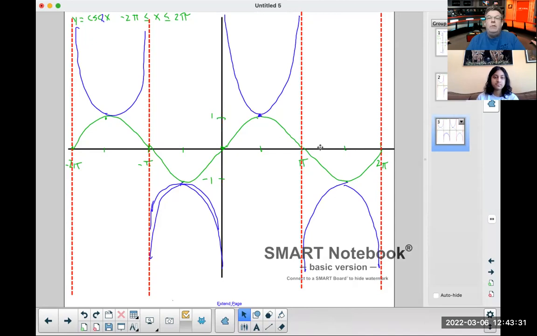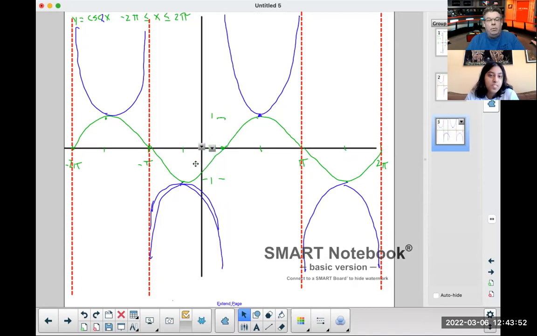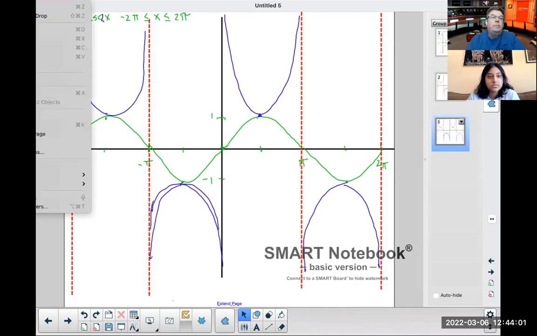Okay, so if I just move my axes, right? Where is cosine undefined? Well, it's defined at the pi over 2's, isn't it? Yeah. Oh, I don't have my points going with it. So I can't duplicate this.